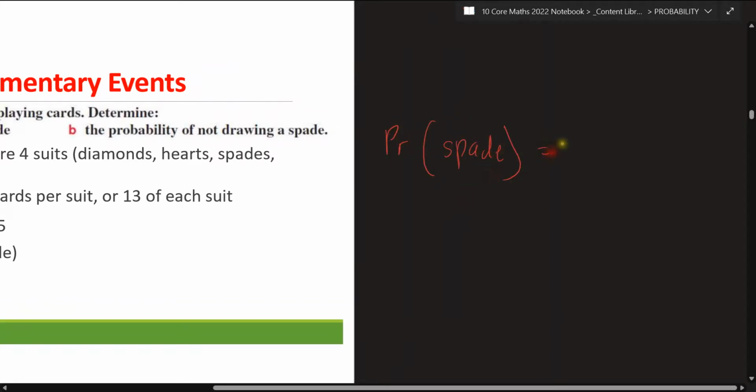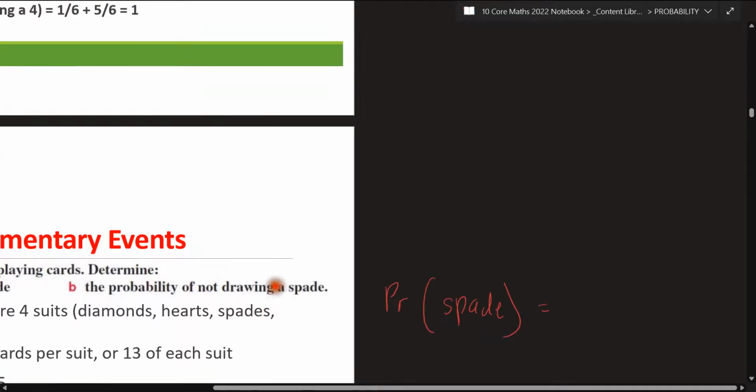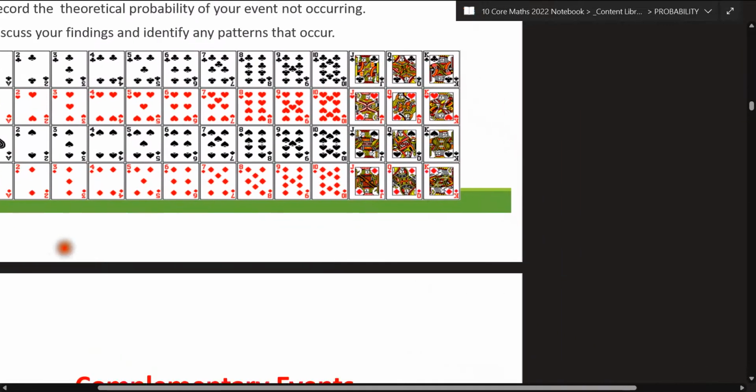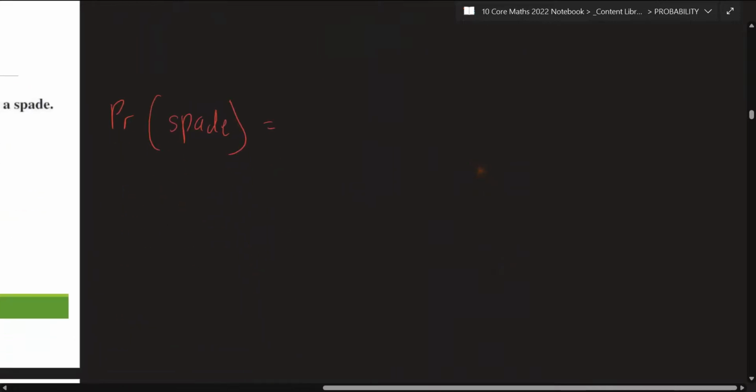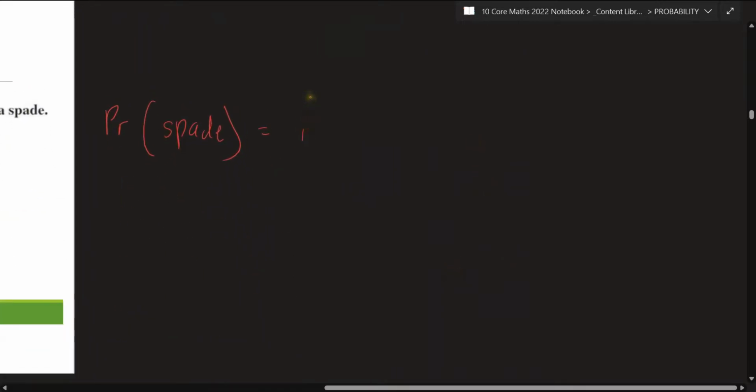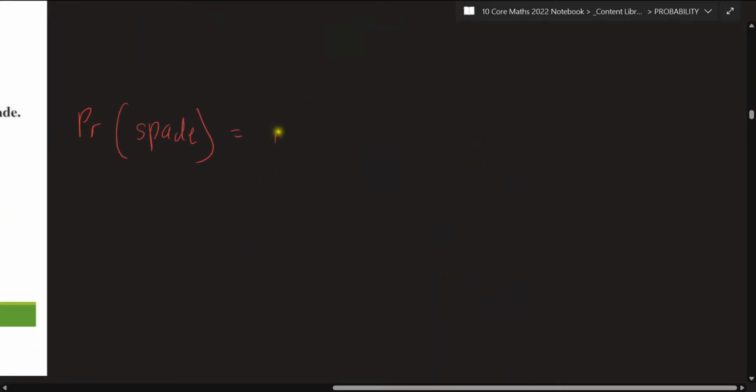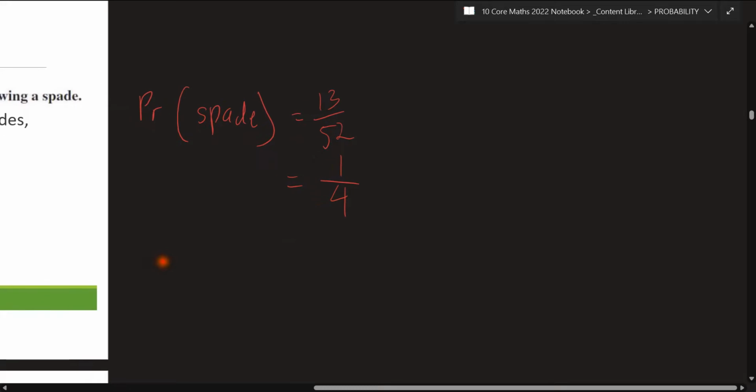So guys, how many spades are there in a deck? 13. Very good. And how many cards are there altogether? 52. Good. And then what's that simplified? 1 over 4. Good. So if the probability of a spade is 1 over 4, what's the probability of the complementary of a spade?